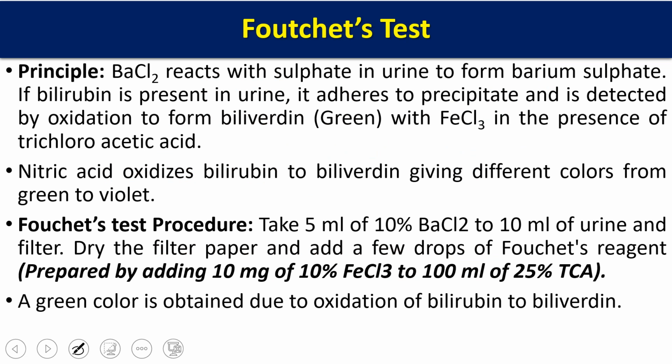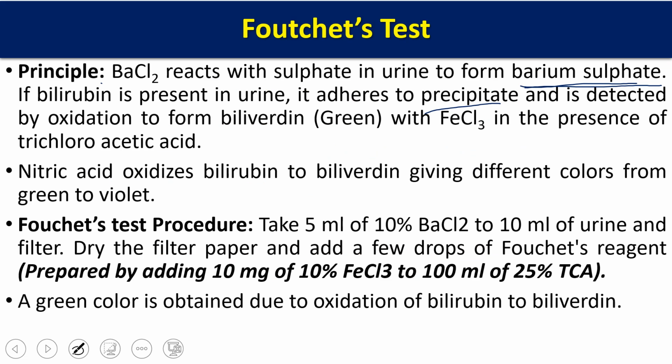So let us see what the Fouchet test is. In the Fouchet test, barium chloride reacts with sulfate, which is normally present in the urine. So this BaCl2 reacts with the sulfate of urine and forms barium sulfate. If bilirubin is now present in the urine, the bilirubin will adhere to the barium sulfate and precipitate.